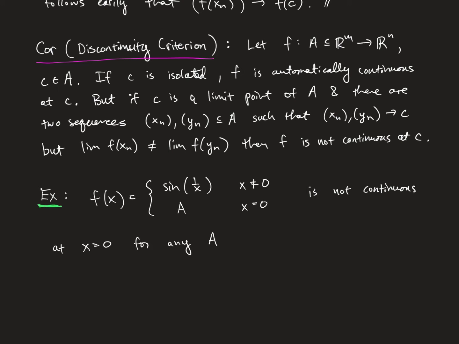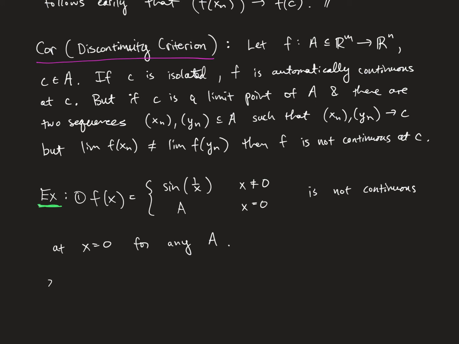Because last time we found sequences of x converging to 0 such that the limit of the f values was different. So it doesn't matter what value you plug in here, you can always find those sequences which have limits that don't agree.